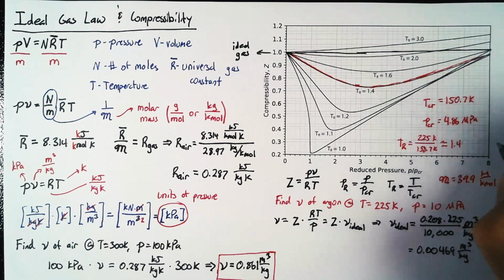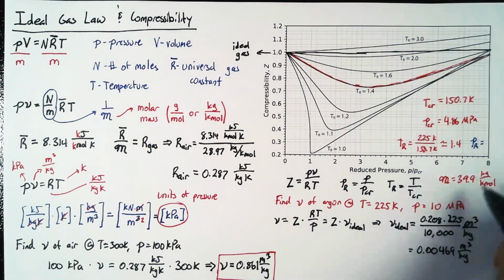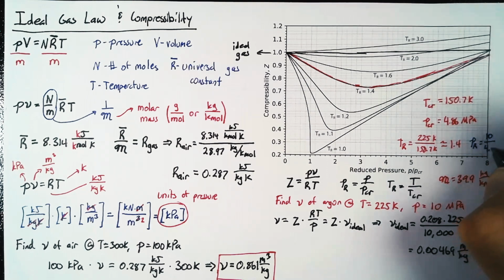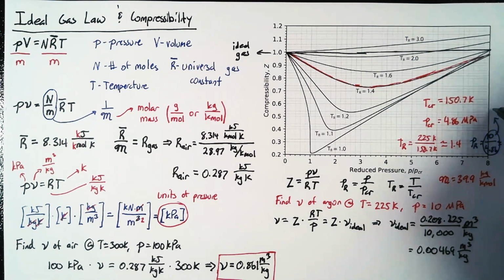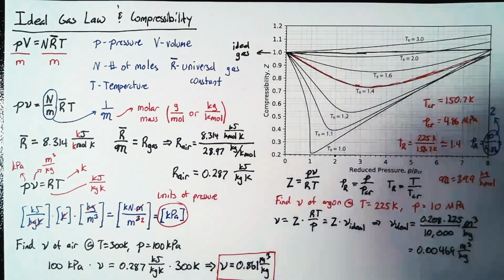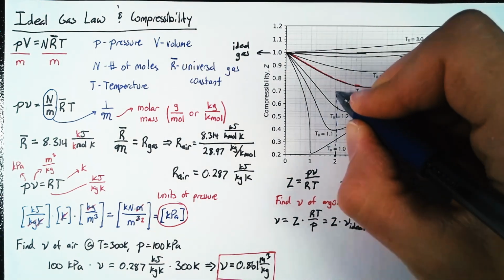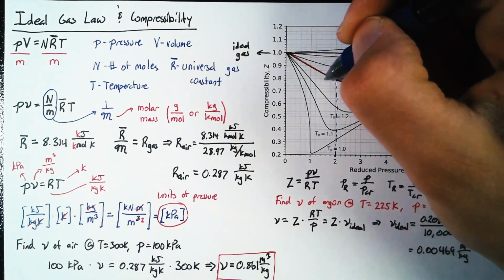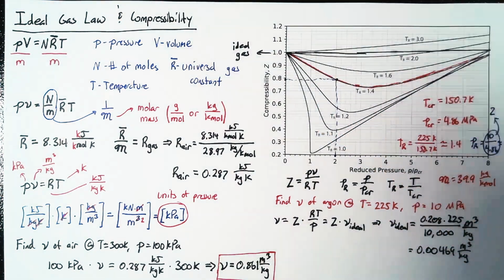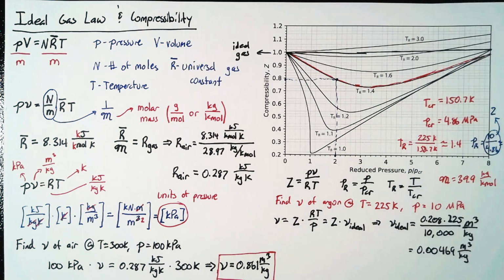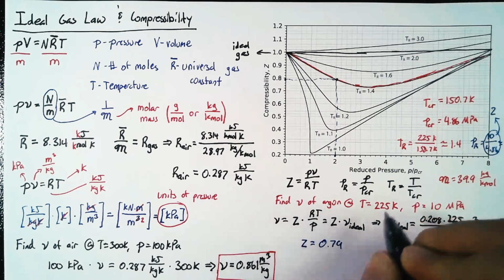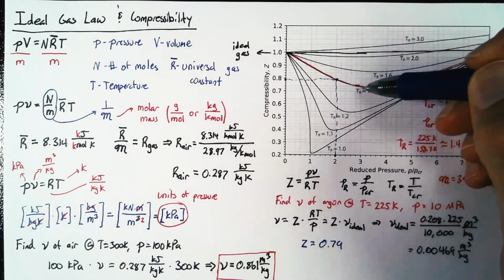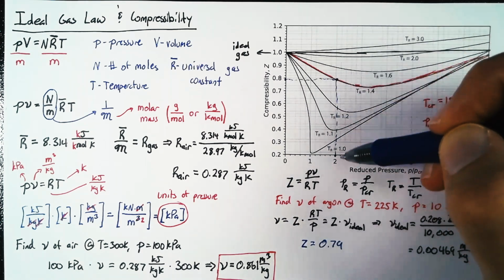Our P sub R is going to be this 10 value divided by 4.86, and that's about 2. We can trace up from 2 and find where that intersects our point here. And that should be right in the 0.79 range. So we can say that Z is equal to 0.79 by using both the reduced temperature and the reduced pressure.